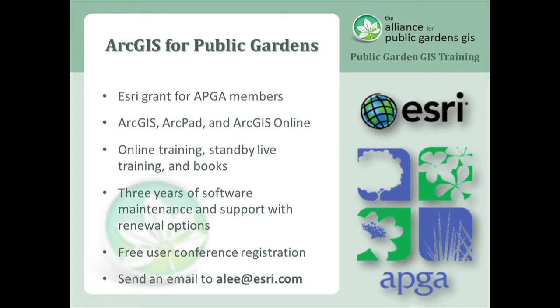And additionally, you're eligible for free registration to Esri's International User Conference, which is in San Diego every summer, and that is also an incredible value and a great place to meet other GIS professionals, even GIS professionals from the public garden community, and learn just an amazing amount of information about GIS and how to better use it at your garden.